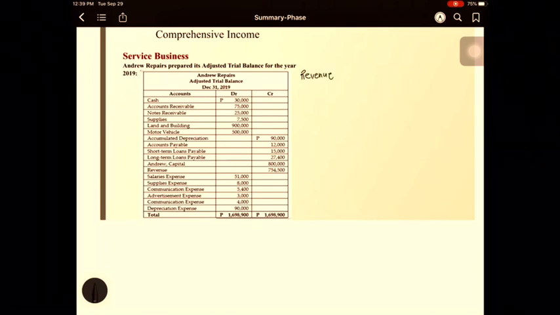After which we have to determine the expenses. We have various expenses incurred by Andrew Repairs: salaries expense, supplies expense, your communication expense.